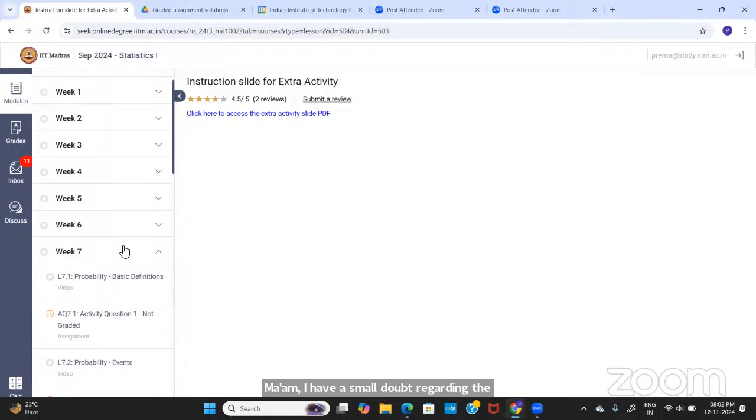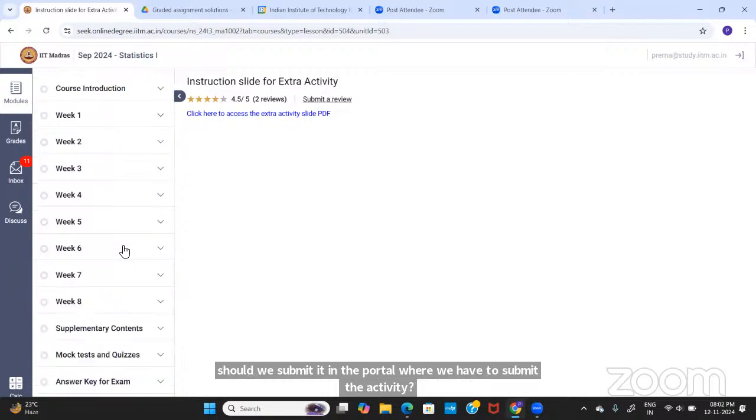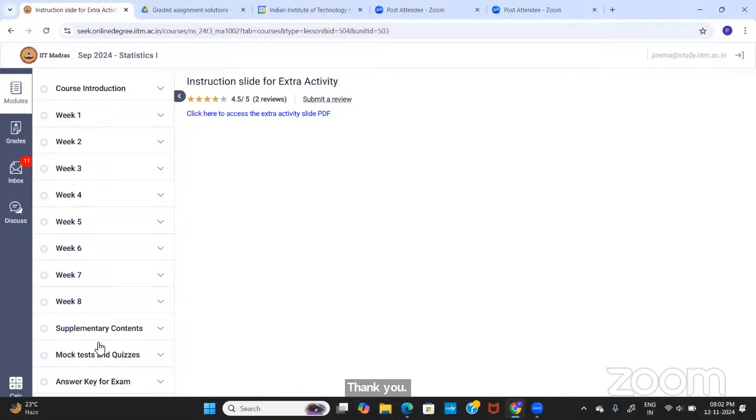Ma'am, I have a small doubt regarding the extra activity. Whatever sheet we are making, should we also put it on the site below the data set, or should we submit it in the portal where we have to submit the activity? You can check what is mentioned in the instructions.